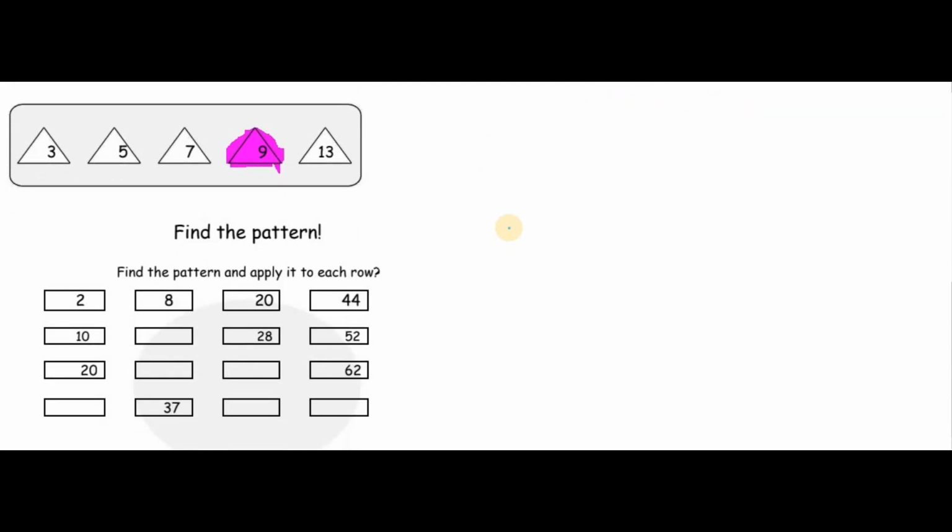Next question in the worksheet. Find the pattern and apply it to each row. So what is the pattern here? The row he is asking, right? So 2, 8, 20, 44.